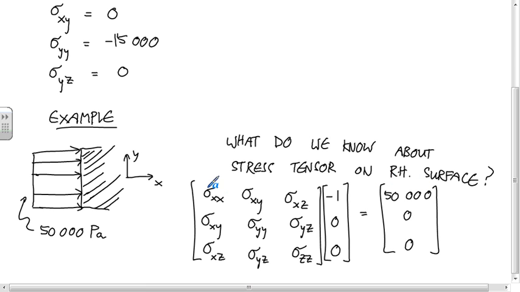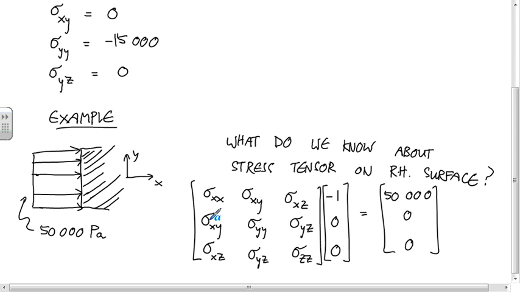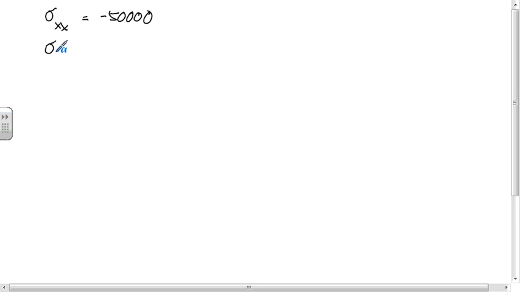And so you get that negative sigma XX is equal to 50,000, or sigma XX is equal to negative 50,000. And then XY and XZ are both equal to 0. And those are the restrictions you know on the boundary. Question?